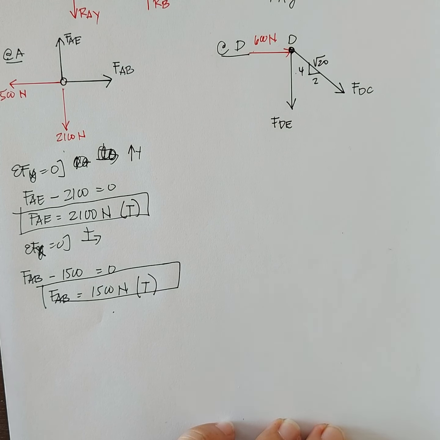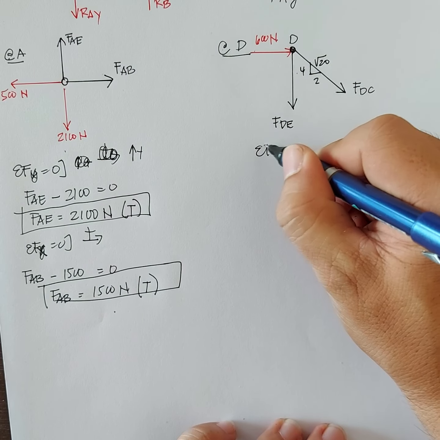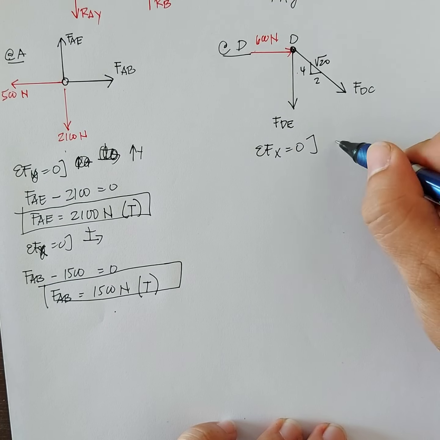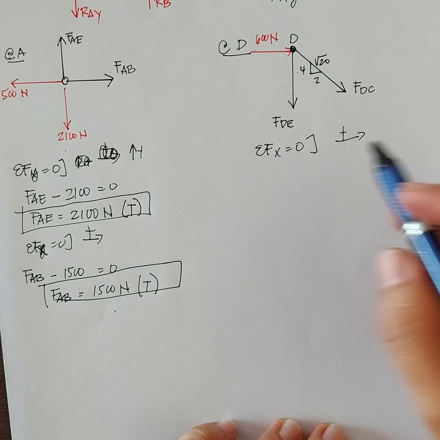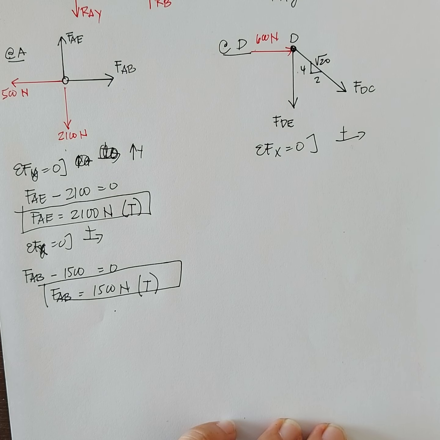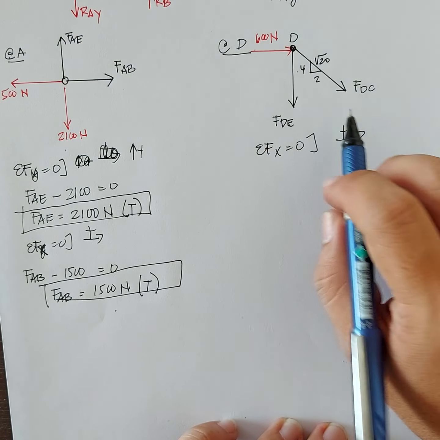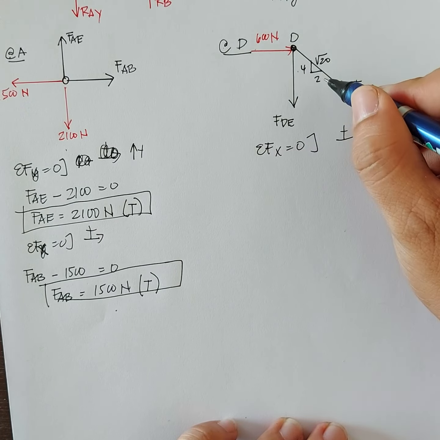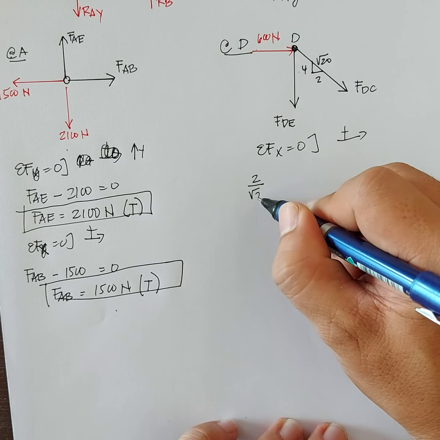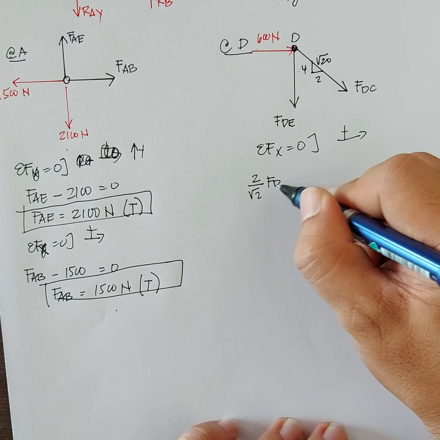Okay. So, summation of forces along X is equal to 0. Forces to the right, positive. Ano yung mga forces along X-axis? Meron yung FDC directed to the right. Okay. So, 2 over square root of 20 times FDC.